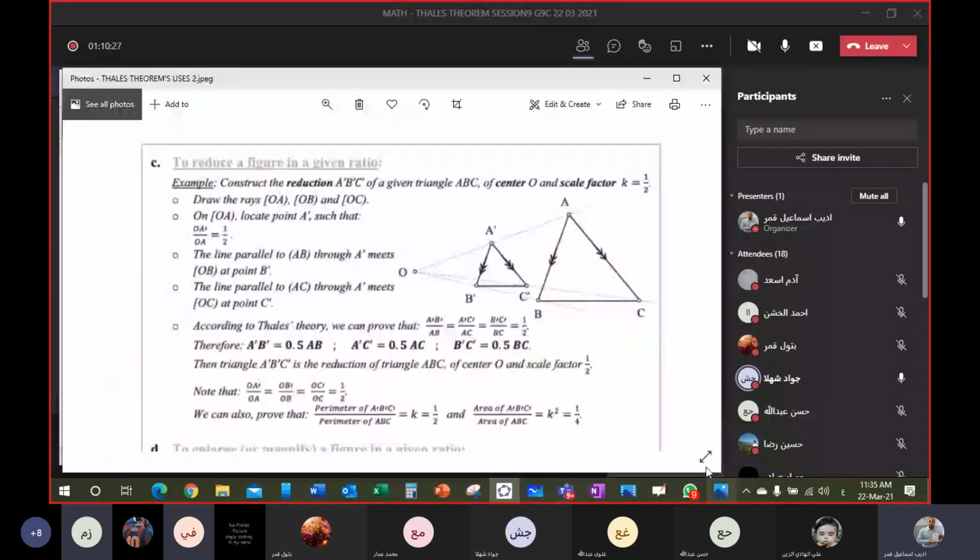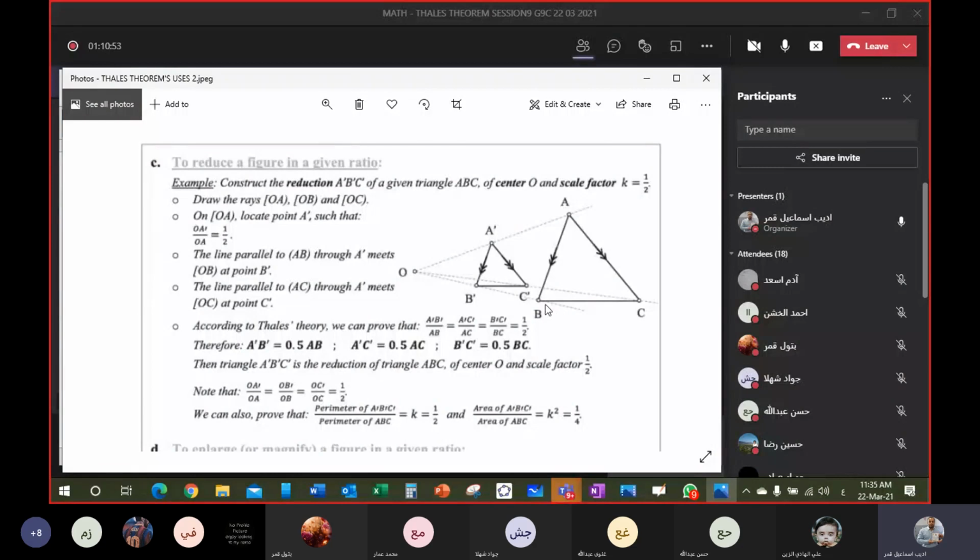Yes. Let's see the instructions. According to Thales theorem, we can prove that A prime B prime over AB equals A prime C prime over AC equals B prime C prime over BC. Because OA prime over OA equals OB prime over OB equals A prime B prime over AB.